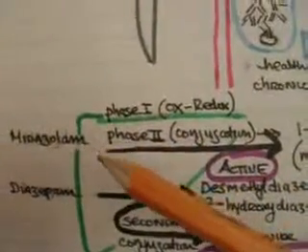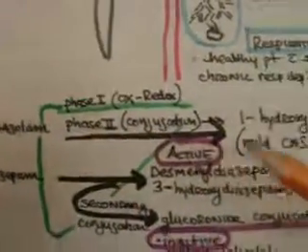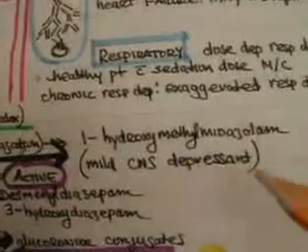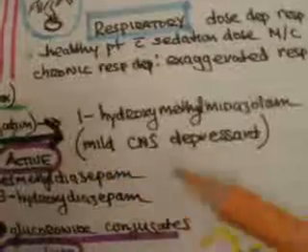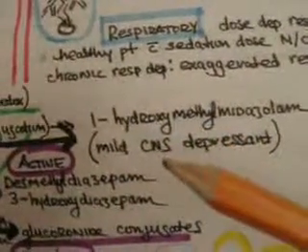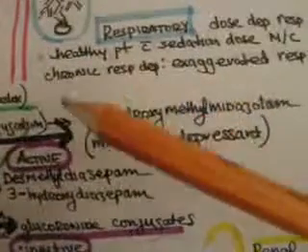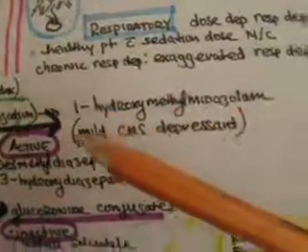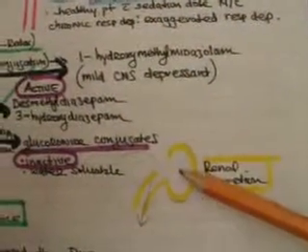For example, midazolam is biotransformed into its metabolite 1-hydroxymethylmidazolam, which still has some CNS depressant effect, although it's milder than the parent molecule. Due to the more water-soluble nature of this metabolite, it's able to be excreted via the kidneys.